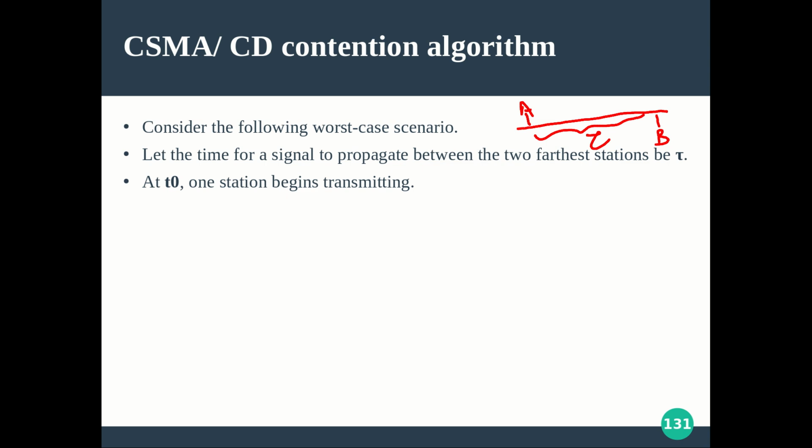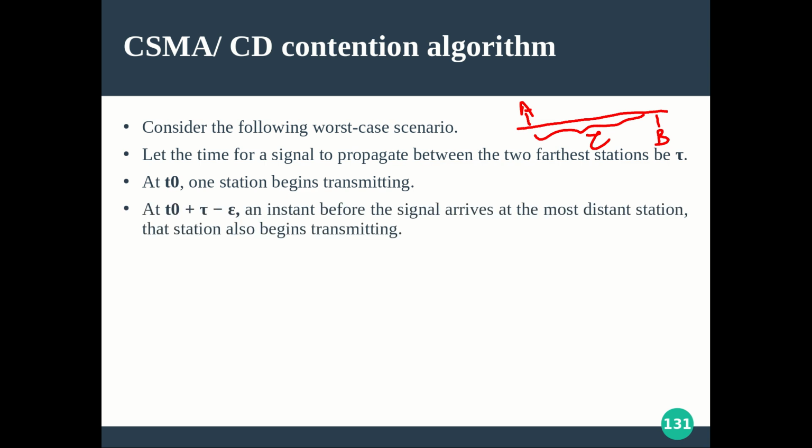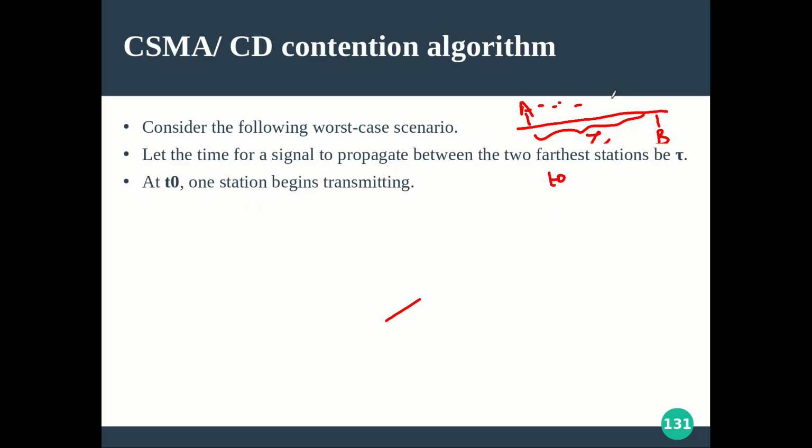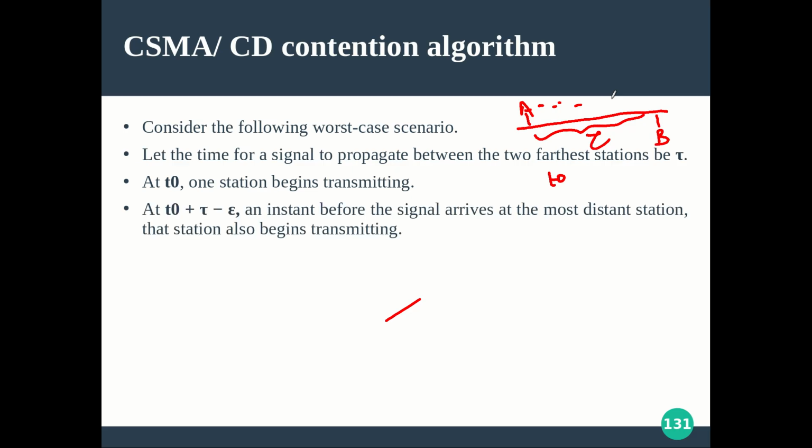So at T0, one station begins transmitting. If you look at the time diagram, at some time T0, station A starts transmitting the data. For the transmitted signal to reach B, it will take the propagation time tau.